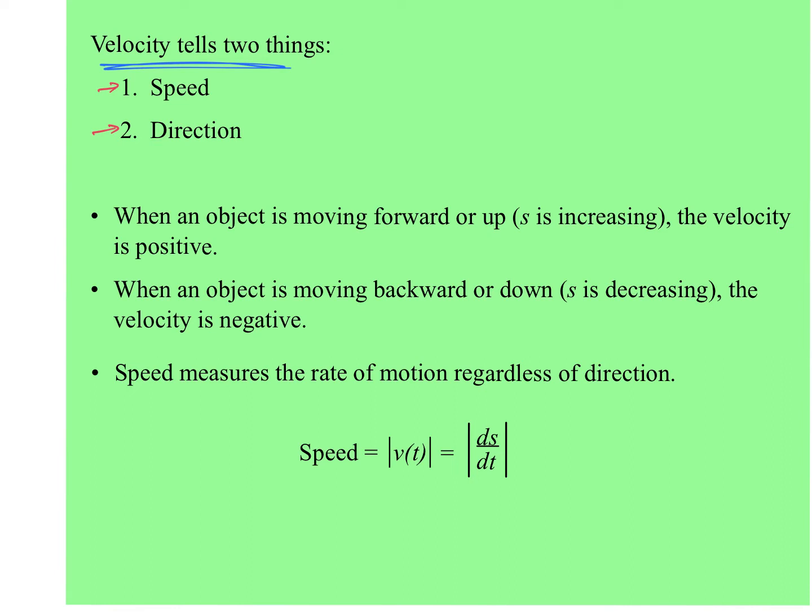When you drive a car, you have a speedometer. Speed is absolute value velocity. When you drive a car, you go forward, it tells you your speed. But if you go backwards, it also tells you your speed. But if it said velocity, guess what it should have on your little dash? Negative. It should say -15.